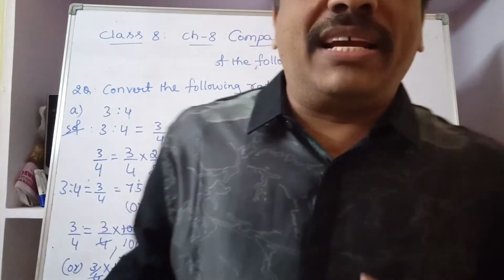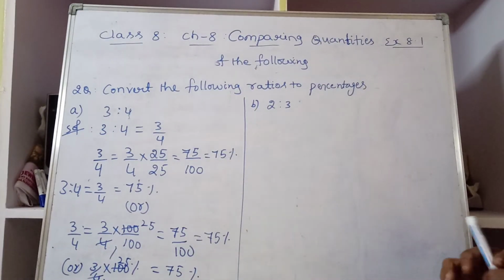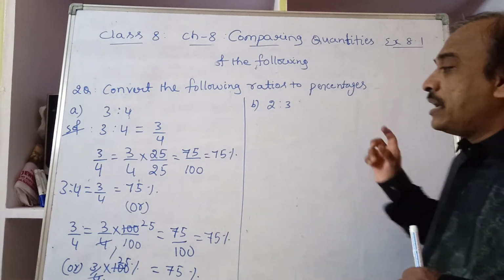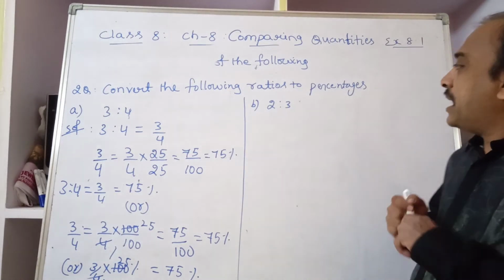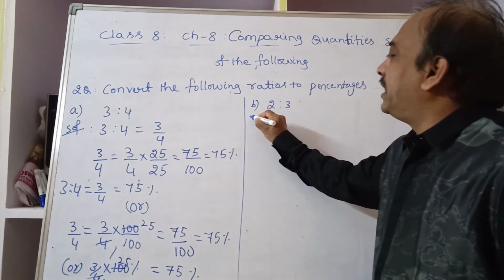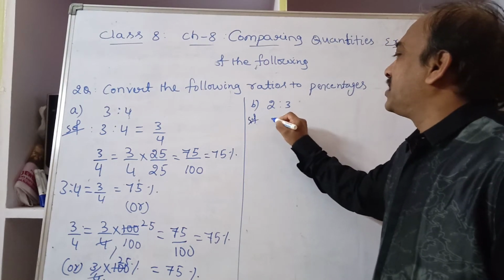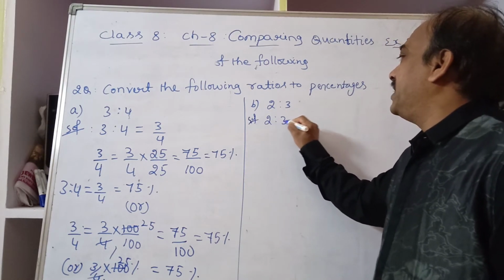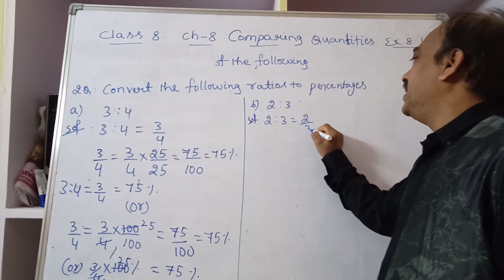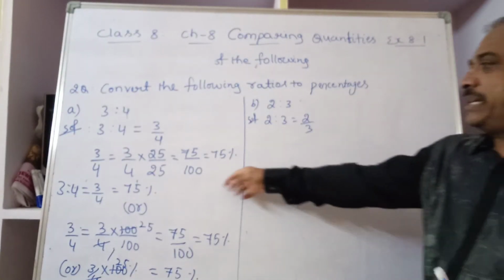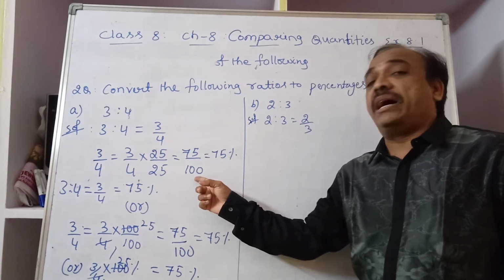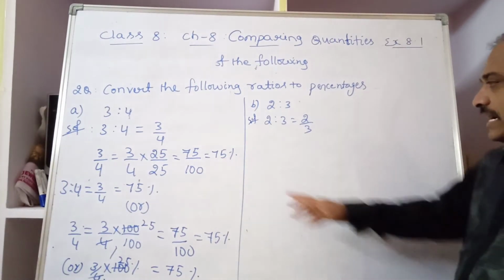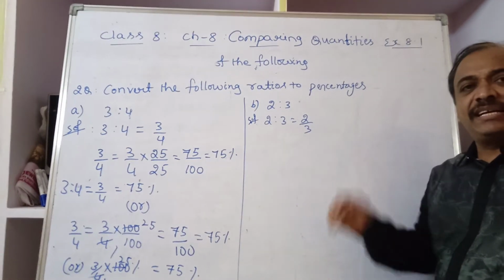Now we see another question. 2:3. According to the question, based on the question, you have to select which method we need to follow. Now 2:3 is equal to 2 by 3. Now you see here, I multiplied 4 with 25, so we obtained the denominator as 100. But is it possible here?